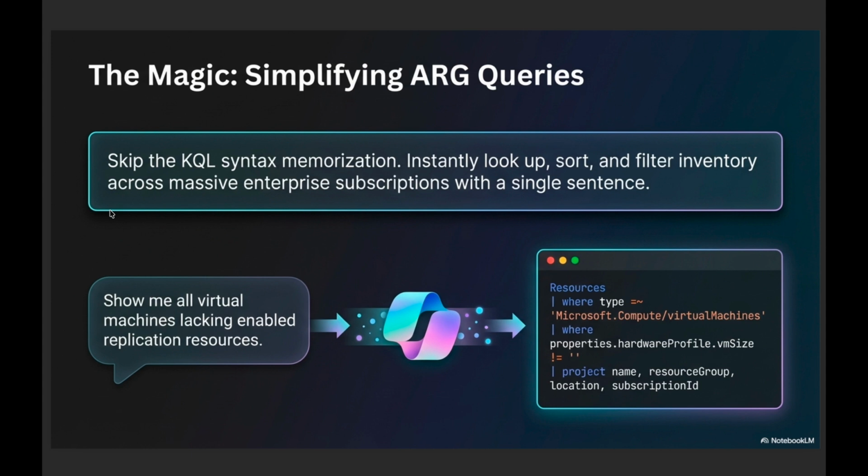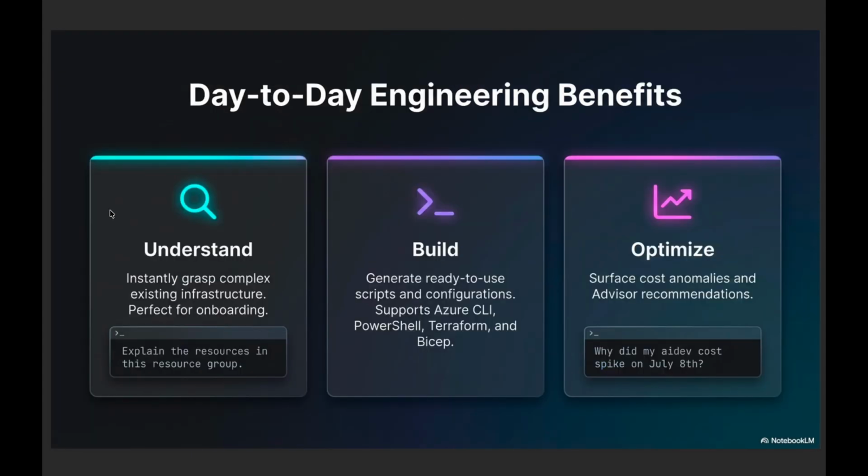We would have to be a bit familiar with how to use that, but with the Copilot we can just give a single sentence like "show me all virtual machines which do not have backup enabled," and then the Copilot will automatically convert the prompt to Kusto Query Language, and for that it utilizes Azure Resource Graph, then we'll also run it, right?